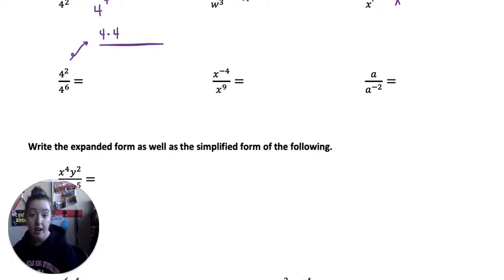On the bottom, I have 4 to the 6th. So I have 4 times 4 times 4 times 4 times 4 times 4. Those 4's will cancel out. So I am left with 4 4's on the bottom. If I don't have anything left on top, there's a 1.